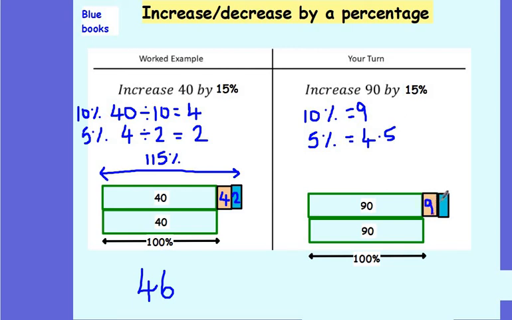So this little box is worth 9. This guy here is worth 4.5. So altogether I've got 90 plus 9 plus 4.5, which gives me 103.5. Look out for those decimals, you can get a decimal answer.